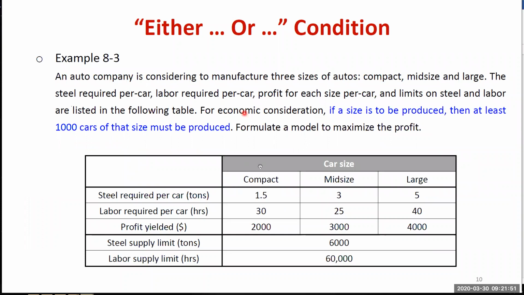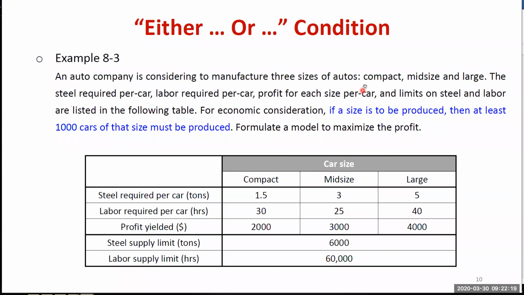So again, this problem, but I have a constraint that if I plan to build one size of the vehicle, I will have a one-time fee. It's easy to understand. For example, I want to buy some equipment, machines, and also hire some workers, to start to initialize my production line of, let's say, compact or middle size or large size vehicles.